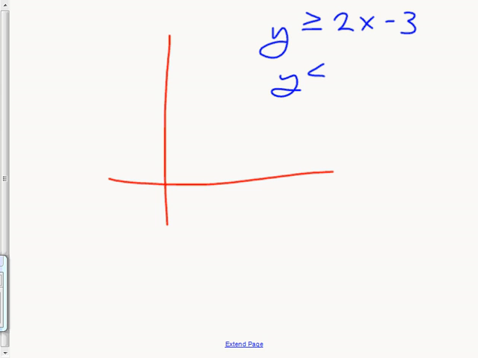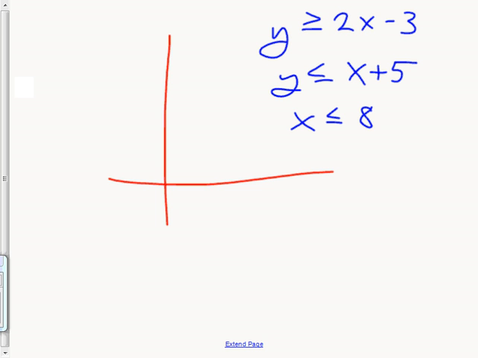No, I'm going to stick with less than or equal to. Otherwise, I won't have a feasible region. So I'm going to cross, and make this x plus 5. And then I'm just going to say x is less than or equal to 8.